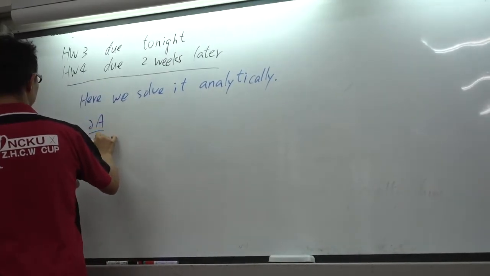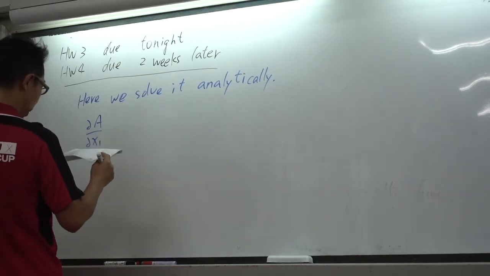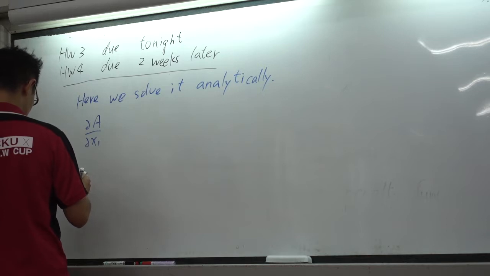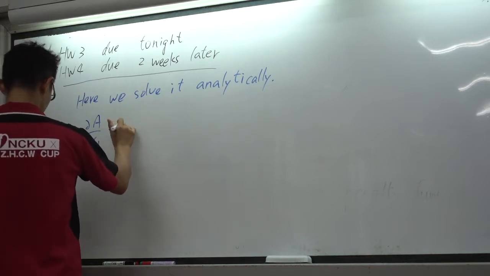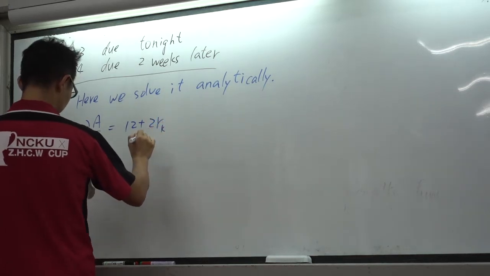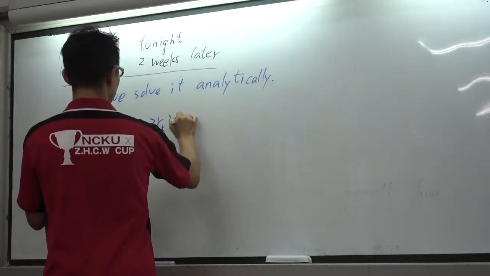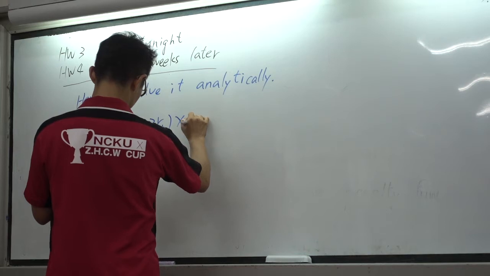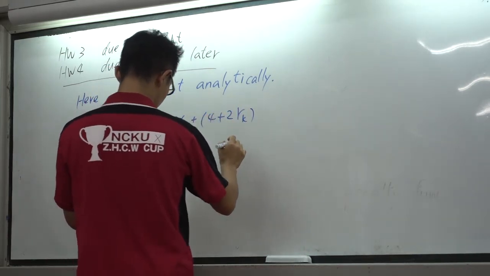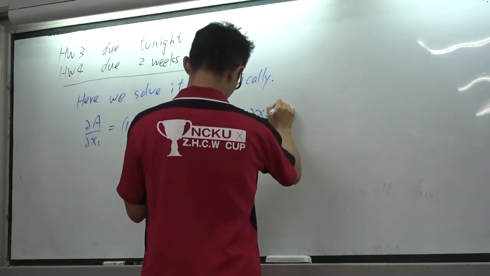I can't see that, but let me just directly write it down. Plus 2Rk times x1, x2.